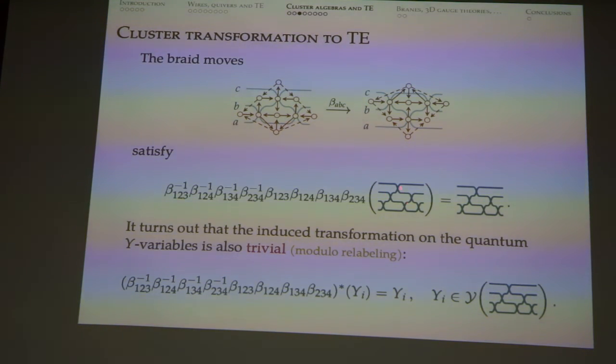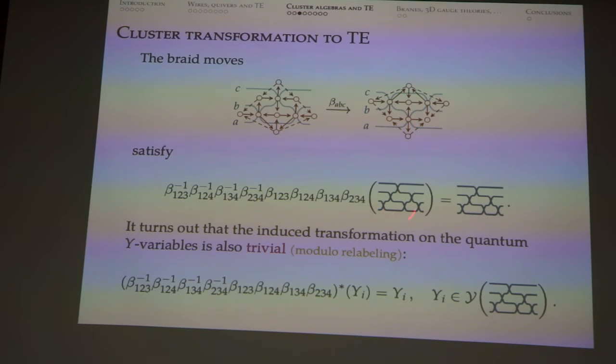But if you just calculate what these braid moves do to the quantum Y variables, you find that this composition of braid moves also leaves the Y variables invariant. And that's actually very, very non-trivial. I thought maybe in many cases when the quiver remains invariant under a certain cluster transformation, then the corresponding Y variables would probably be invariant, but that's usually not the case.